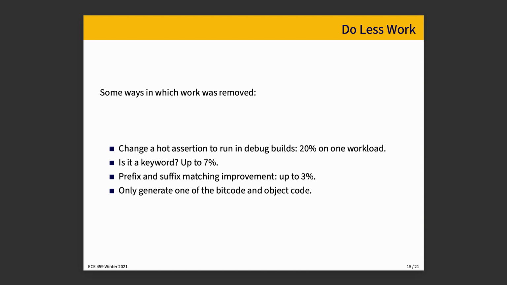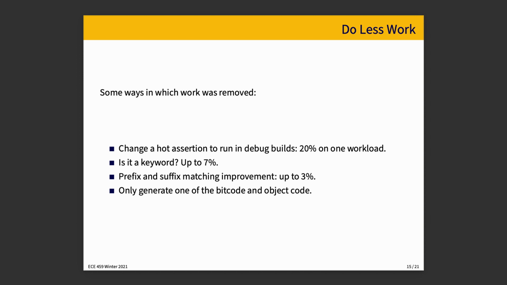And another example of doing less work is that the compiler produces both object code and the bit code that's used for crates. The object code is used when compiling normally, and bit code is used when compiling with link time optimization, and a user is only ever doing one of those at a time. Link time optimization is either on or it's off, and so producing both kinds of code isn't helpful.